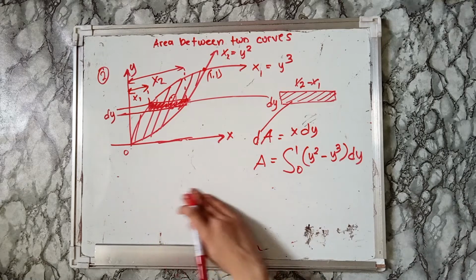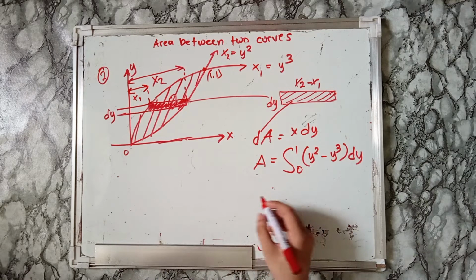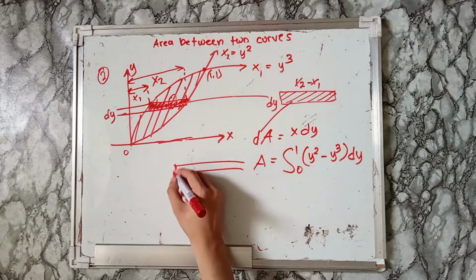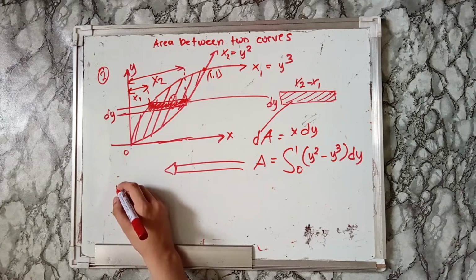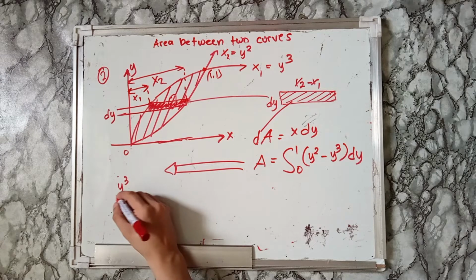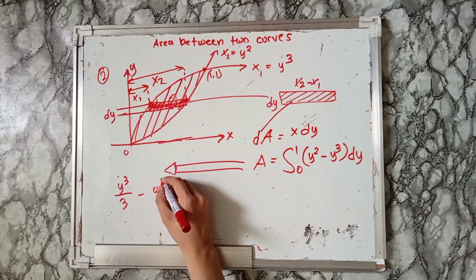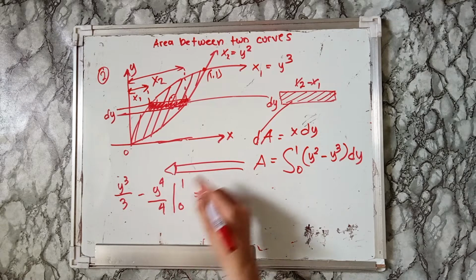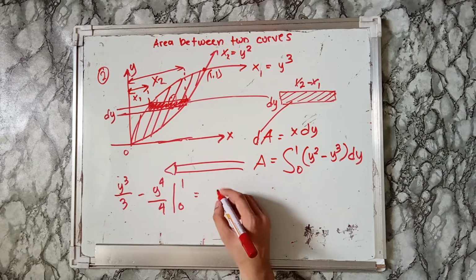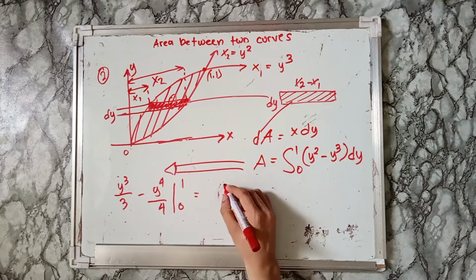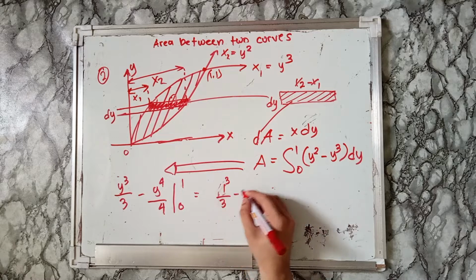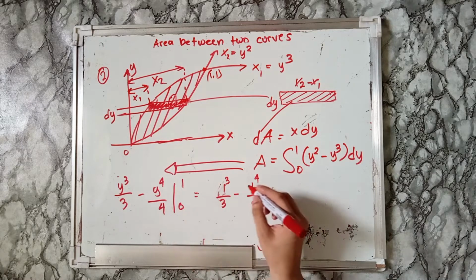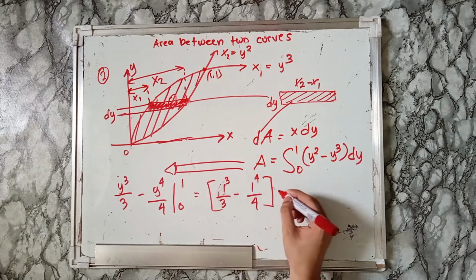Now if we integrate, this is just y cubed over 3 minus y raised to 4 over 4 with limits from 0 to 1. If we substitute the limits, we have 1/3 minus 1 raised to 4 over 4, and if we substitute 0, it will just be 0.